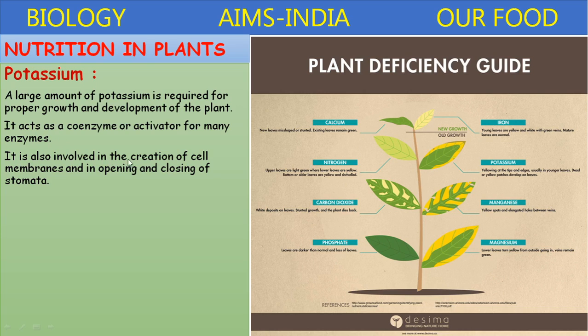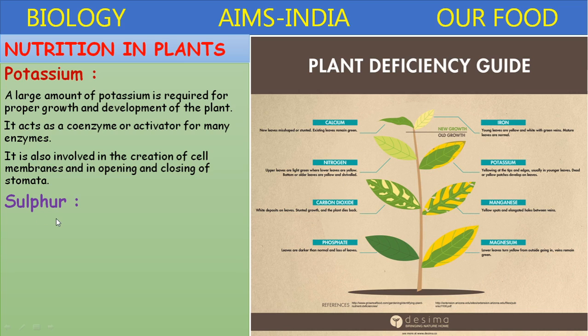It is also involved in the creation of cell membranes and plays a very important role in opening and closing of stomata. See here, potassium deficiency: yellowing of the tips and edges, usually in younger leaves. Dead or yellow patches develop on the leaves in potassium deficiency.